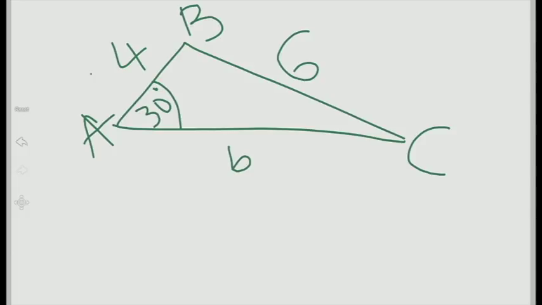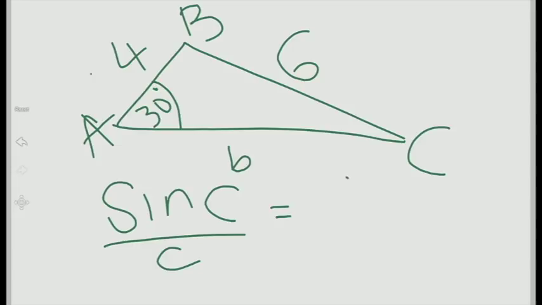We have side c, and we do not have angle C. So we're going to have sine on top because we are looking for an angle. So we're going to have sine C over c equals sine A over side a. And then we substitute. Angle C we do not know. Side c is 4. Angle A is 30 degrees and side a is 6 centimeters.